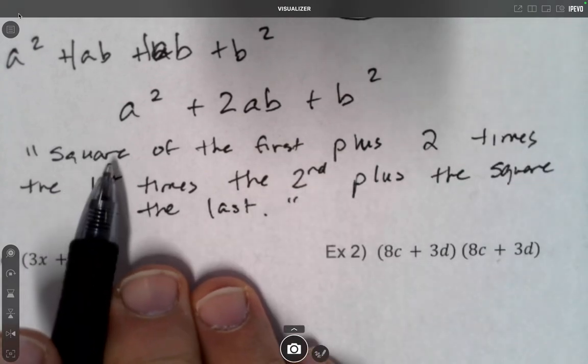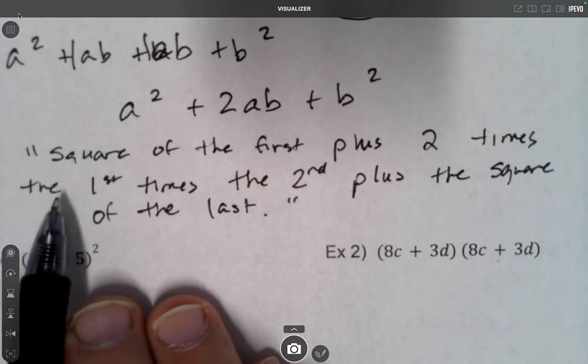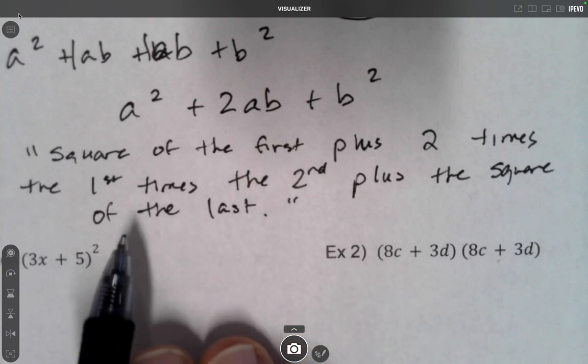So the square of the first plus 2 times the first times the second plus the square of the last.